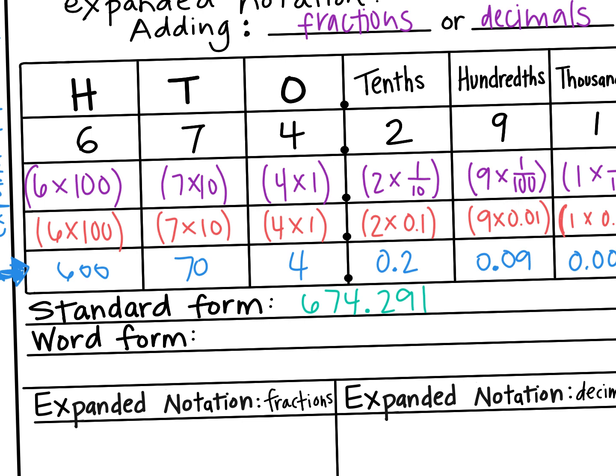So we're going to start with the whole number first. How do I say this part? Yep, 674. What do I always write for the decimal point? And. And then the last part, 291.